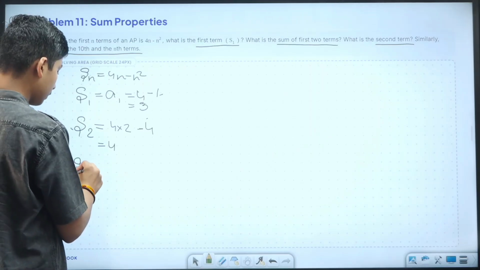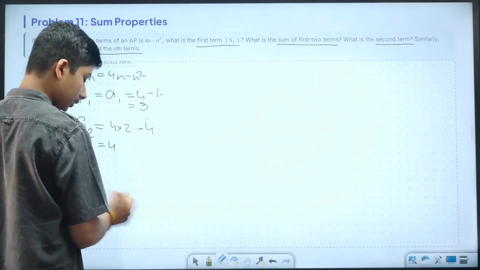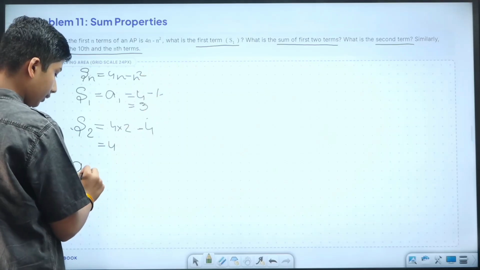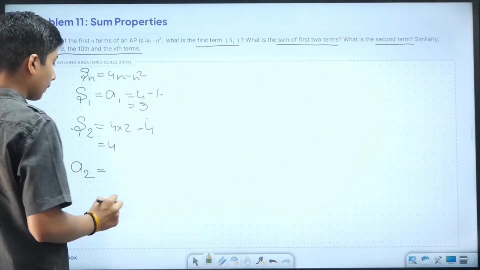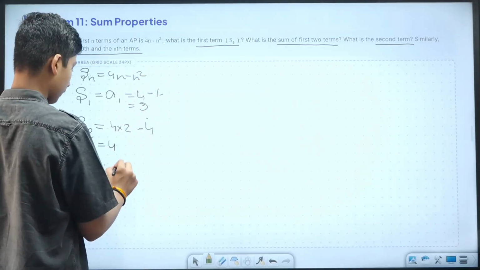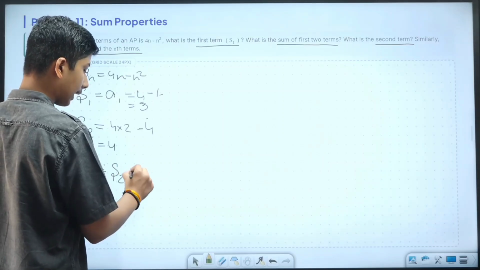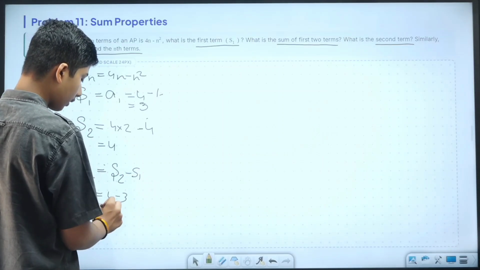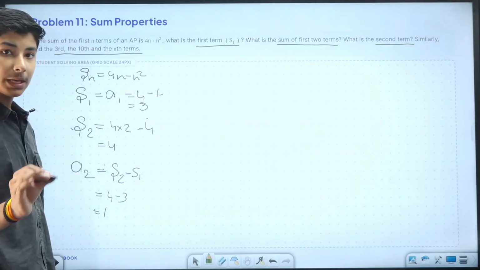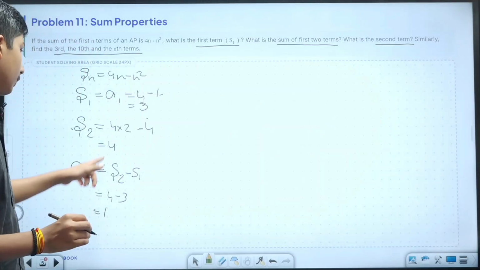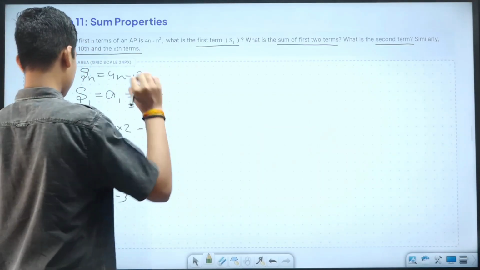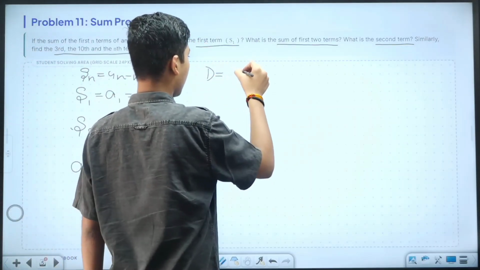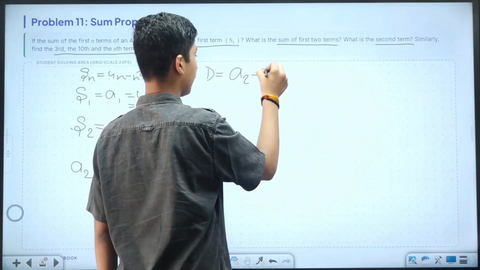So, sorry, not this. A2 will be S2 minus S1, 4 minus 3, which is 1. Now from here, we can find out the D. D will be A2 minus A1.